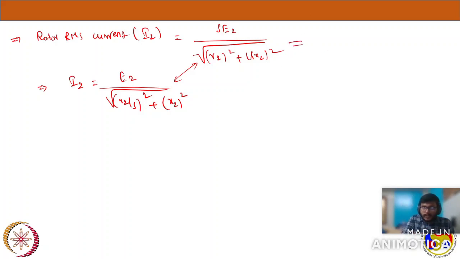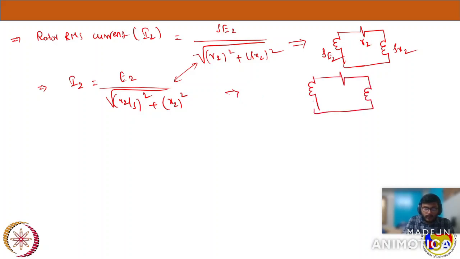So let's say the equivalent circuit for the top one is just what we discussed: SE2, it is R2 and it is SX2. And the equivalent circuit of this one will be: it is E2, there is no more S in the voltage induced here, and it is R2 by S, my resistance value, and here it is X2, my standstill reactance, because S is not there.